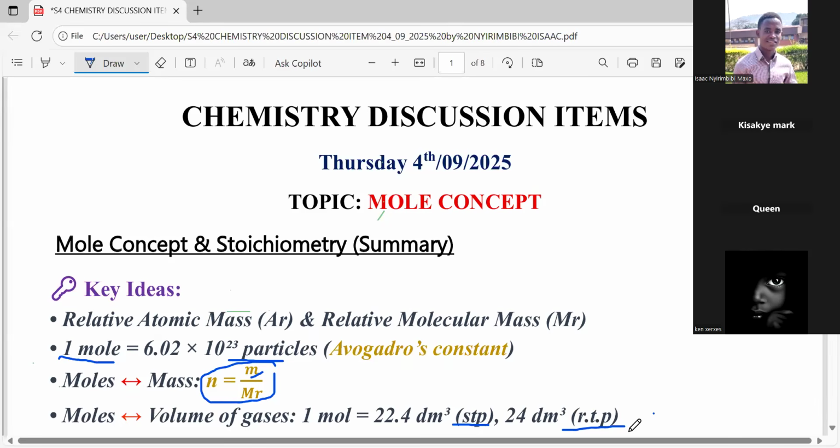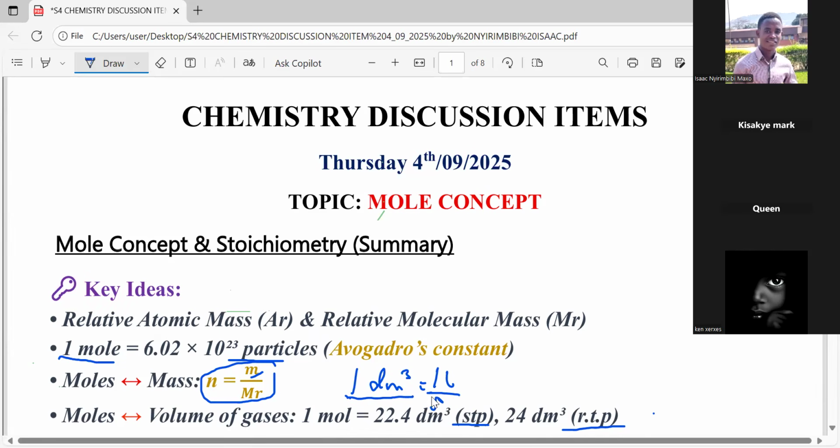Now we know from here that 1 decimeter cubed is equal to 1 liter, which means also 1 mole of a gas occupies 22.4 liters at STP. If 1 decimeter cubed is equal to 1 liter, what will be the value of 1 mole of a gas in decimeter cubed?